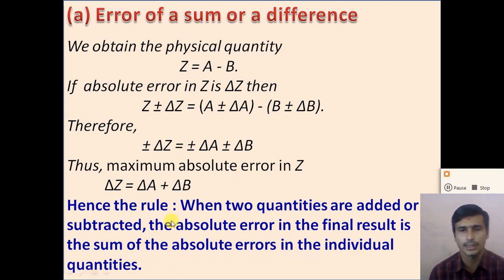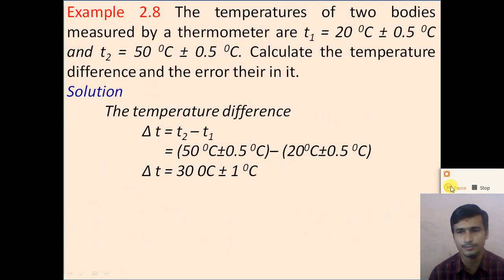Dear student, understand how the errors are combined in a sum or difference of two or more physical quantities, right? So let us understand with the help of one example. So let us discuss one example.